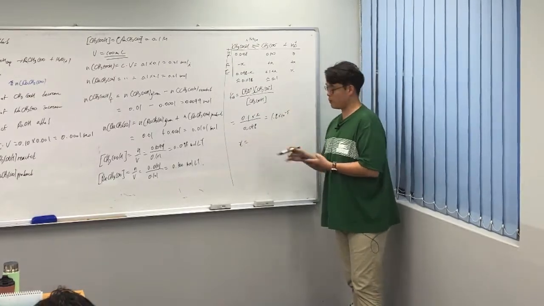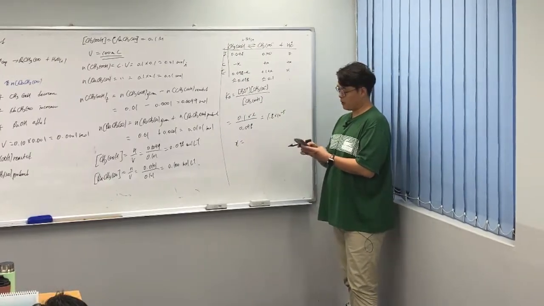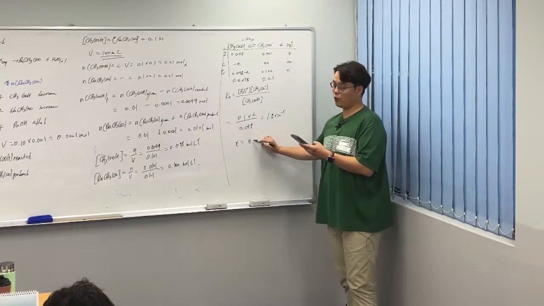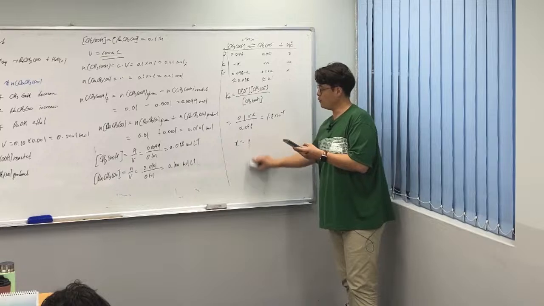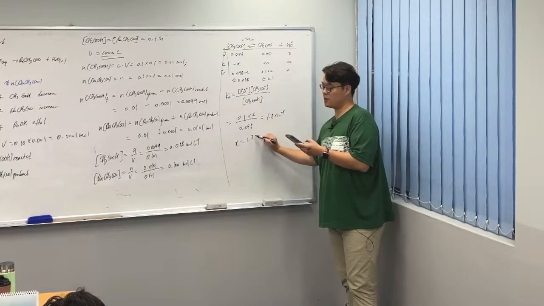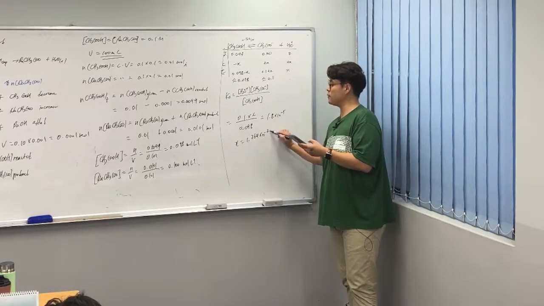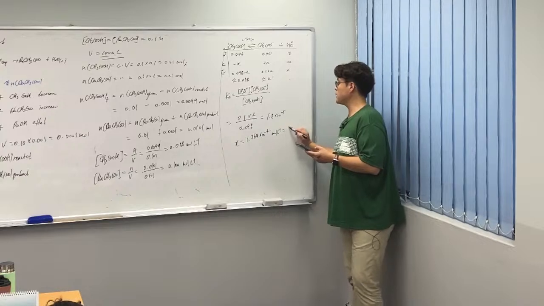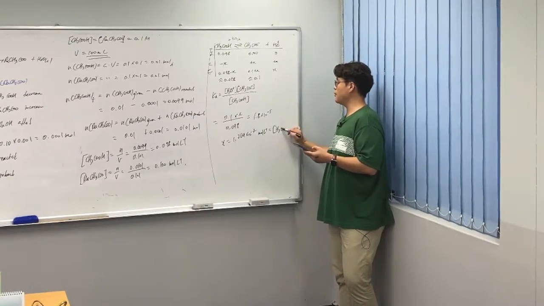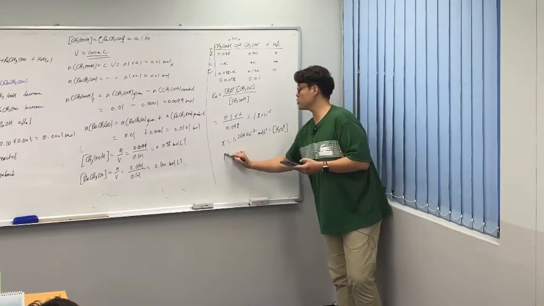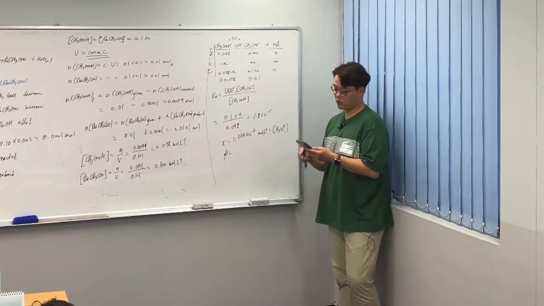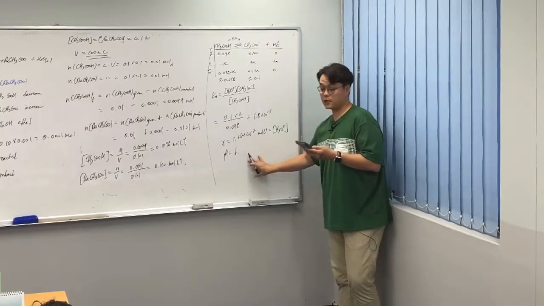So the x would be 1.8 times 10 to the power minus 5, times the 0.098, divided by 0.1, you get 1.764 times 10 to the power minus 7 mole per liter. That's the same as the concentration of the hydronium ion then. Then pH would be minus log of that. You get, finally, 6.75.